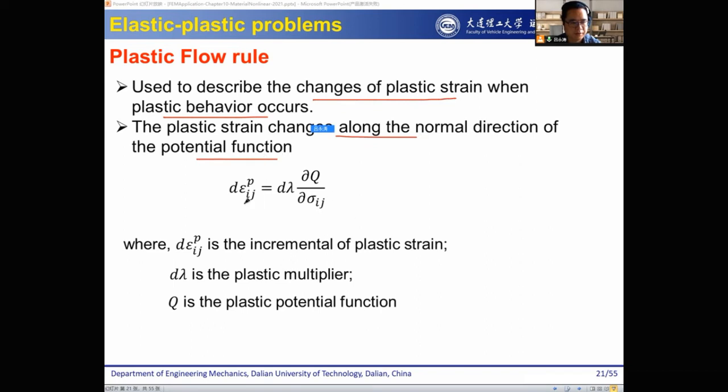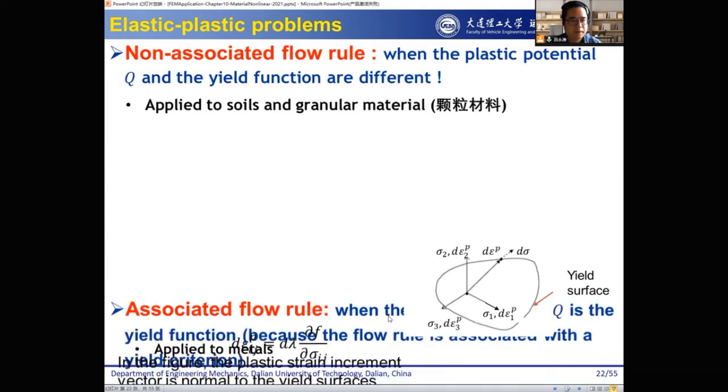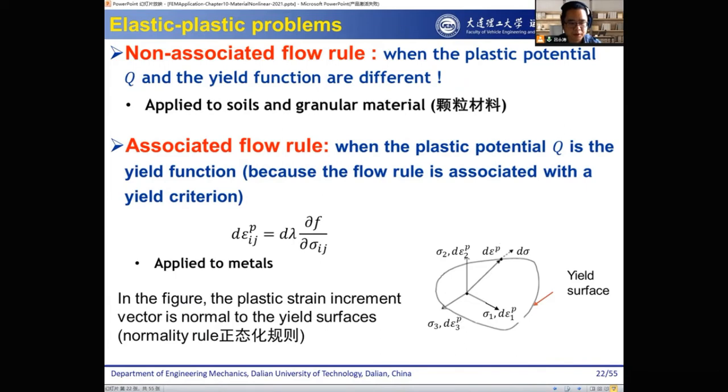And here we have the formula for the changes of the plastic strain. In this formula, d epsilon is the increment of plastic strain, d lambda is the plastic multiplier, and Q is the plastic potential function. Okay. And then we have what we call the non-associated flow rule.